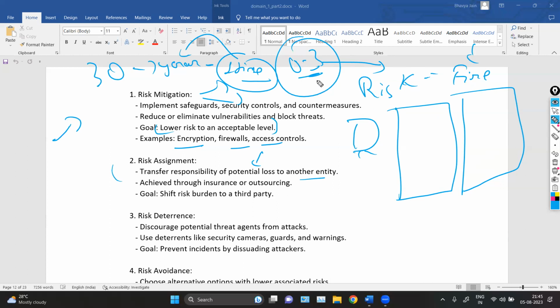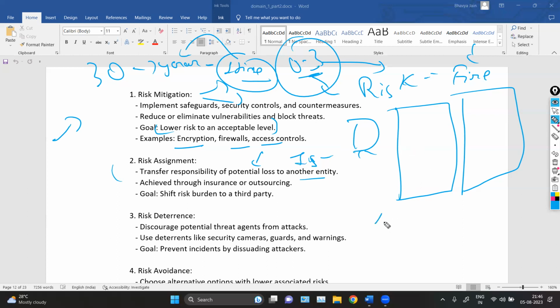So you can transfer this risk. Instead of avoiding this fire, you are transferring it, like you are purchasing an insurance policy, let's say. So if your organization or your infrastructure catches fire for any reason, then you have insurance. It is an example of transferring the risk. You are not mitigating the risk.